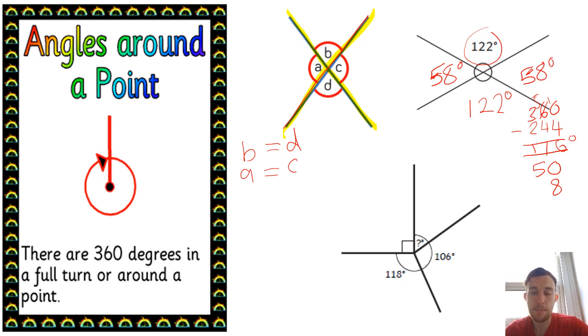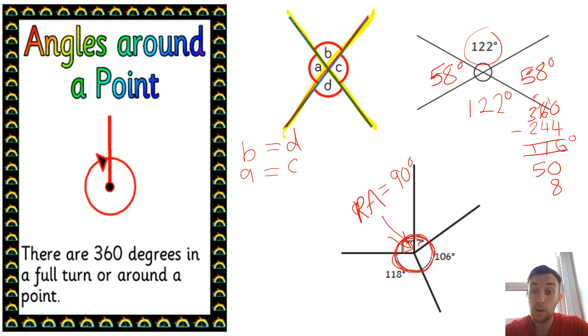Okay, the last example here on this slide, again, what you need to think about is trying to make that circle. Angles in a circle always add up to 360. So that's going to be really helpful when we're trying to find our missing angle. So we know from our types of angles that if we've got a square here, that must mean a right angle. And a right angle is always 90 degrees.